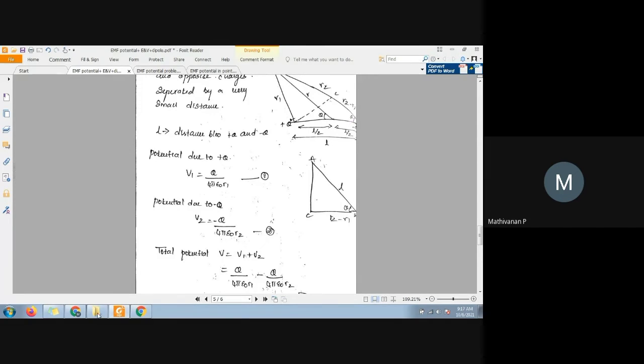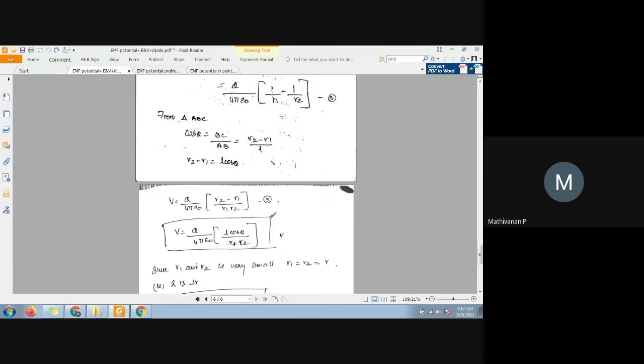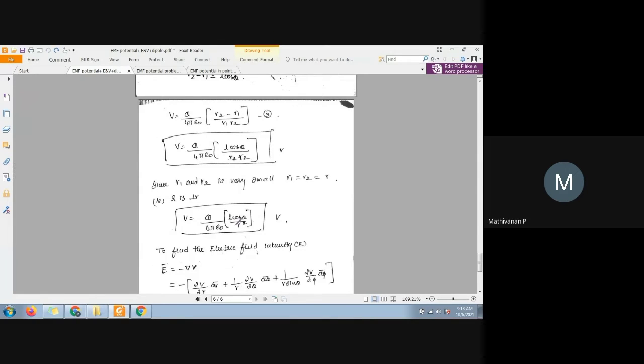The distance will be very minimum, so I'm going to consider R2 is equal to R1 is equal to R. So what will be your final expression on substituting R1 as R and R2 as R? V is equal to Q divided by 4 pi epsilon naught L cos theta divided by R square. When the distance between Q1 and Q2 is very small, both are considered to be R, so we get this expression.